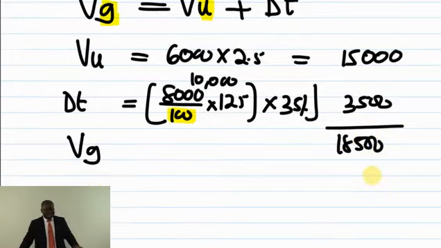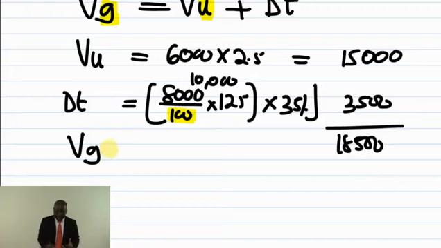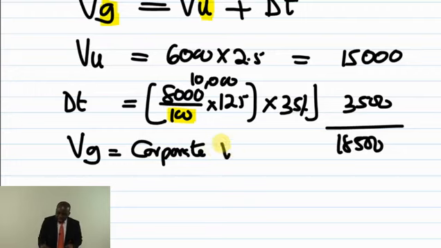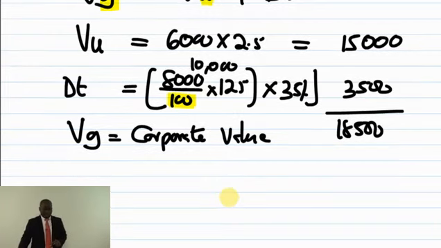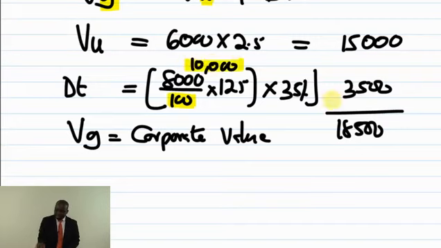When a company is geared, you remember from chapter 2, its total market value is what we refer to as the corporate value. And we said at that time that corporate value is made up of the value of debt and the value of equity. So if they have debt of 10,000, how much of the corporate value is in the form of equity?